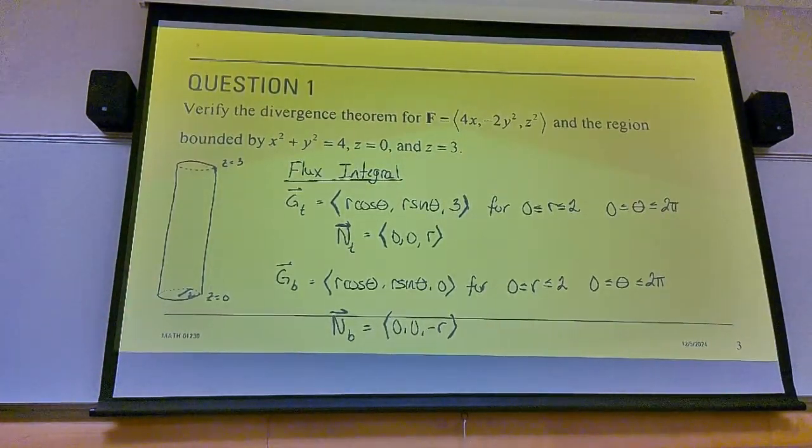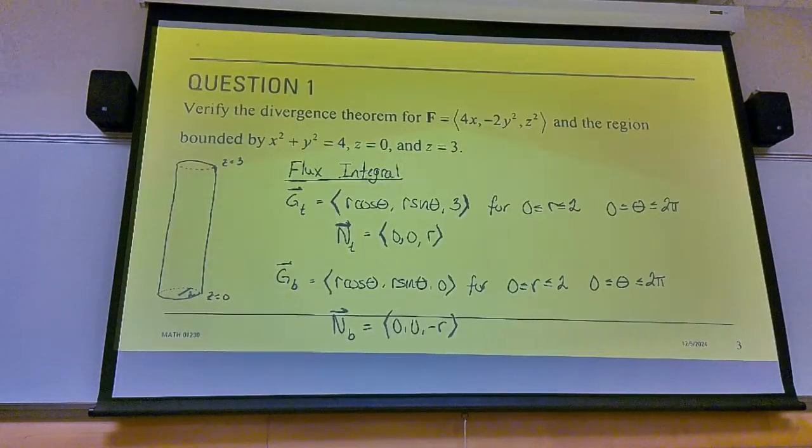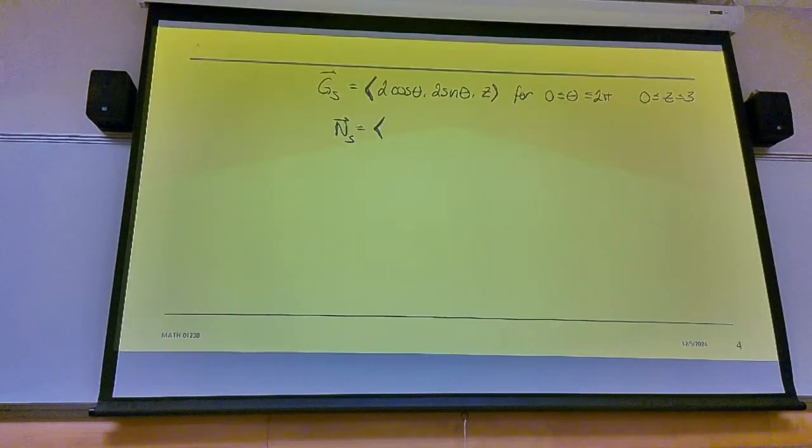So the z component has to be 0. Two cosine theta, 2 sine theta, 0.